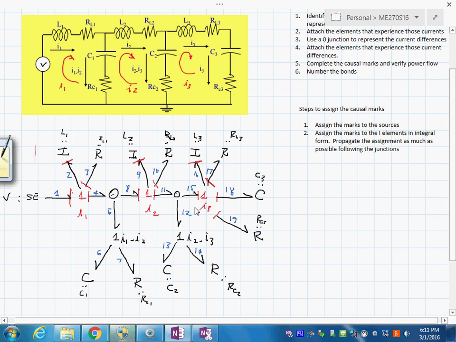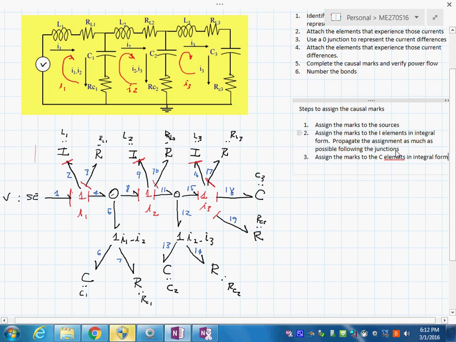But you see, we need to make sure that if we propagate the causal marks, although we want the integral form, we still can observe that in here you have two flow inputs, and you'll assign this causal mark this way, because the zero junction needs an effort in.